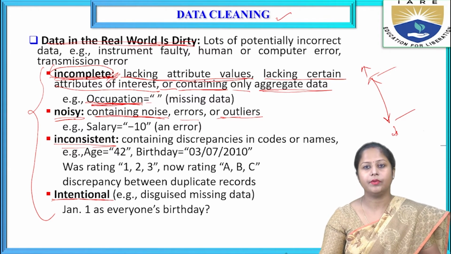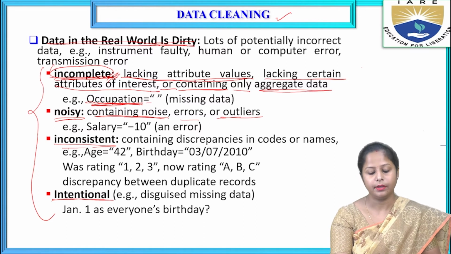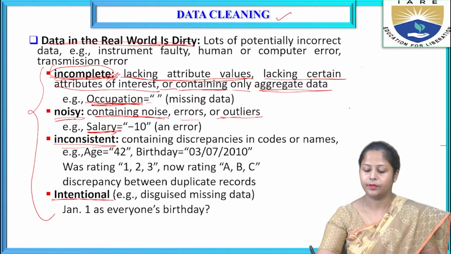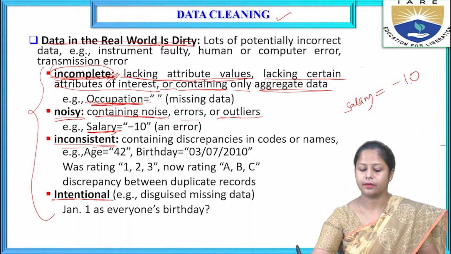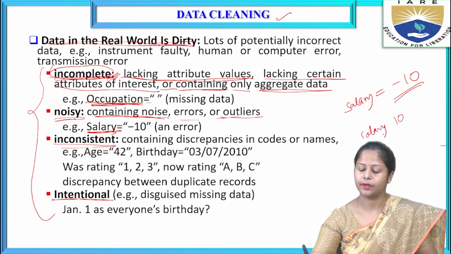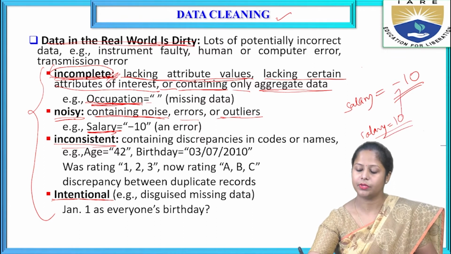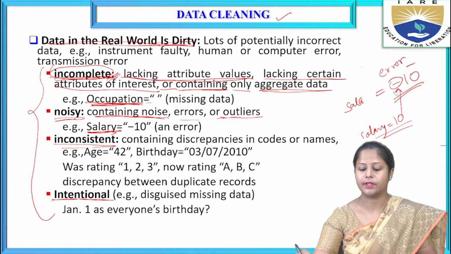If we have this type of data, it comes under noisy data. For example, if the attribute salary is equal to -10 and we need salary equal to 10, that also comes under error. So that is also noisy data.